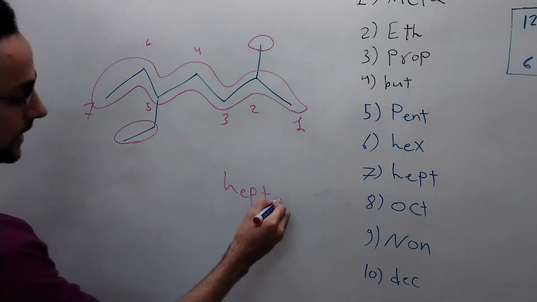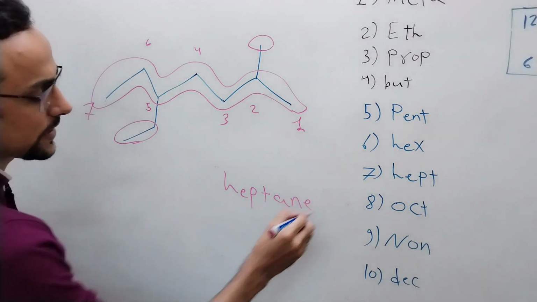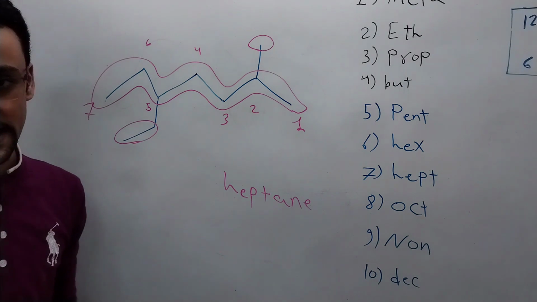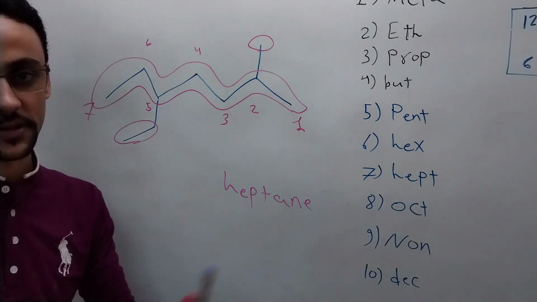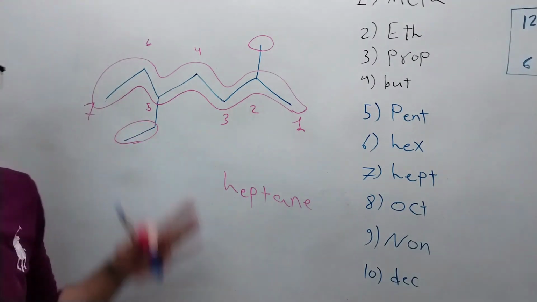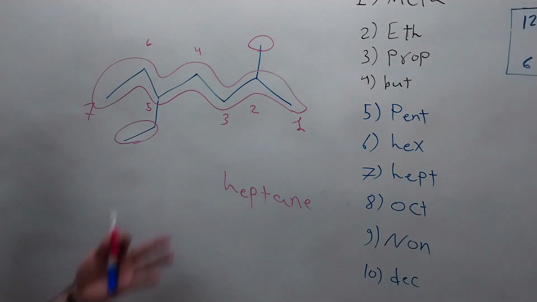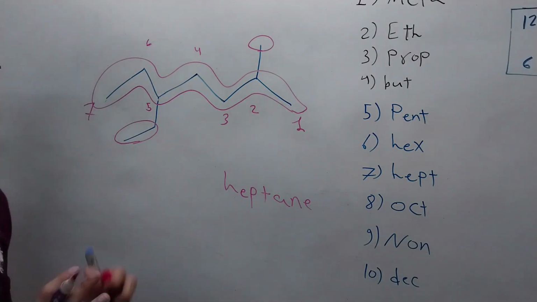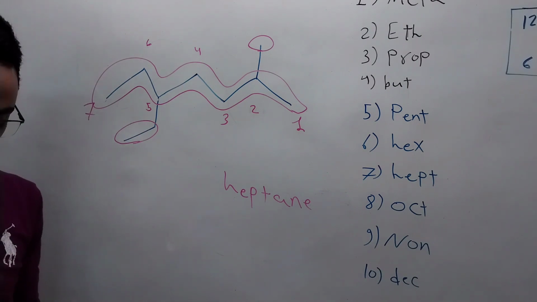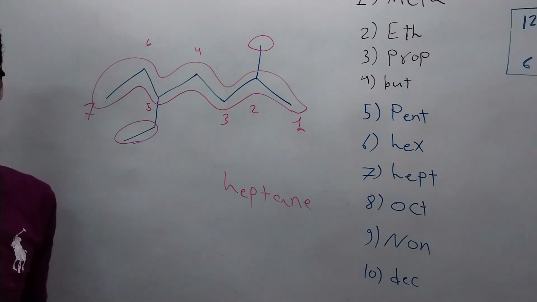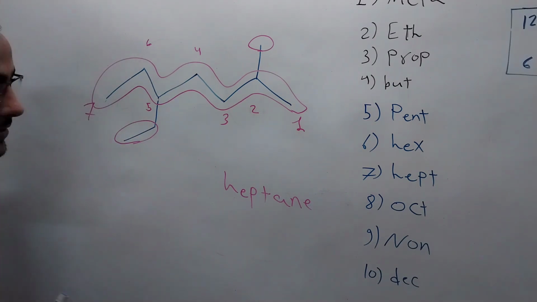So we have "ane". Notice that I didn't dive into the "ene" and "yne" yet because we will talk about this extensively in the course, but this is more appropriate to start with now because we try to establish these facts first. So, methyl or ethyl, which one do we write first?